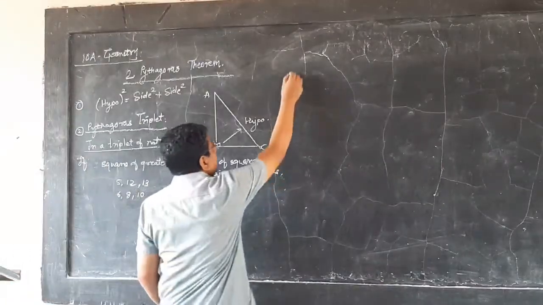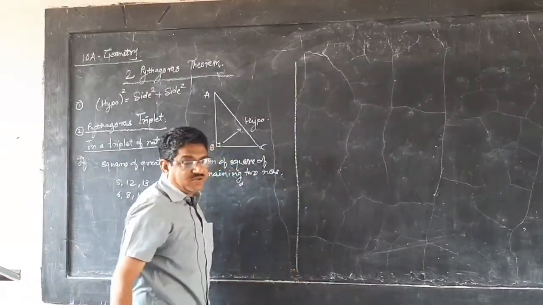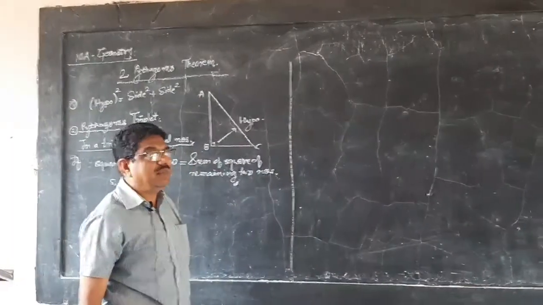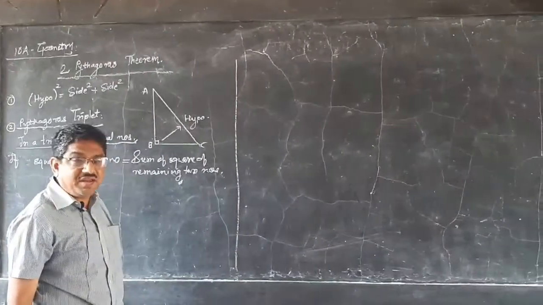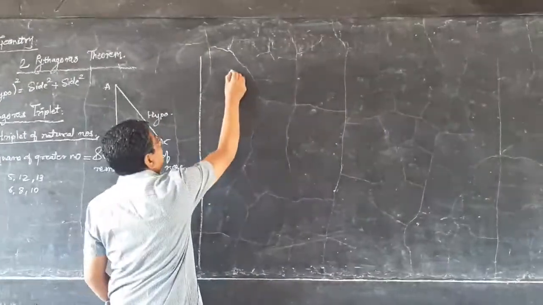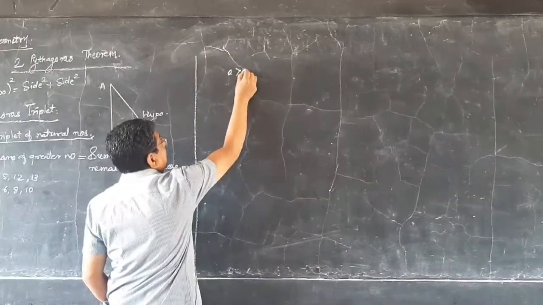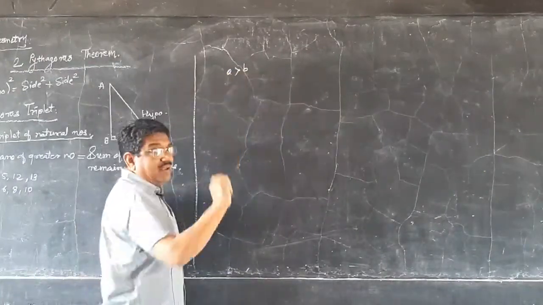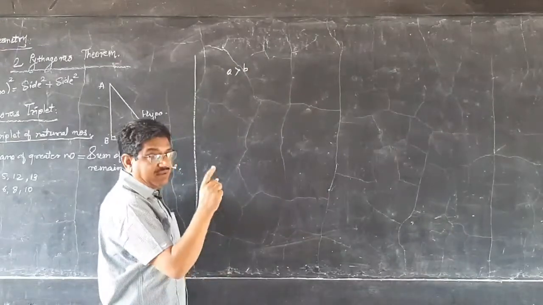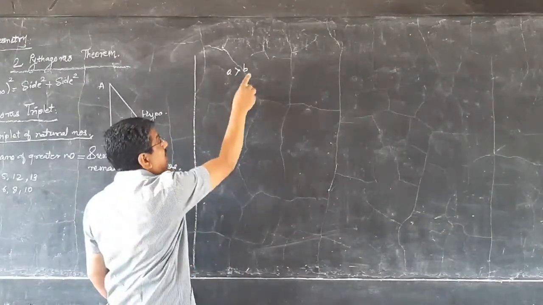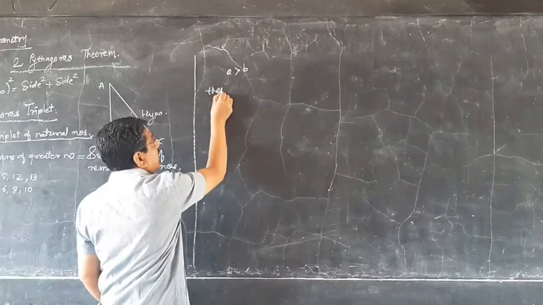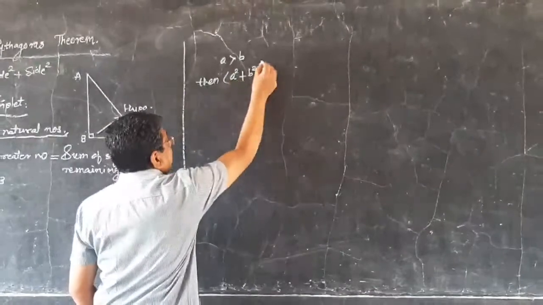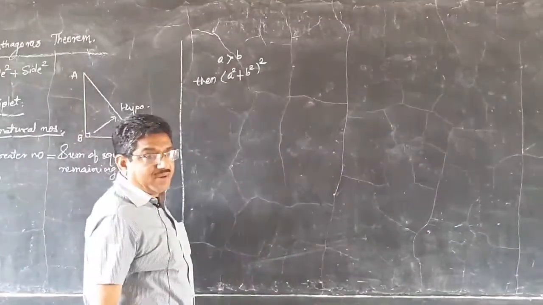Now, for more information, in the textbook they have given: if A and B are natural numbers and A is greater than B, then A square plus B square is one number.